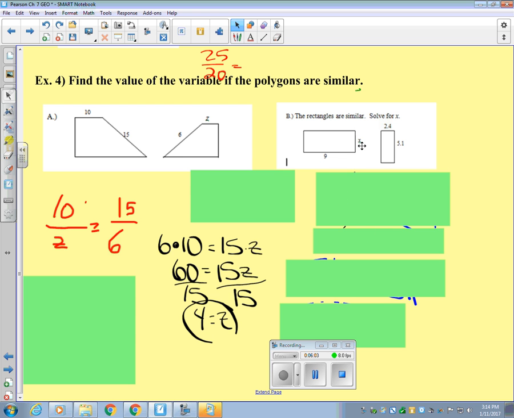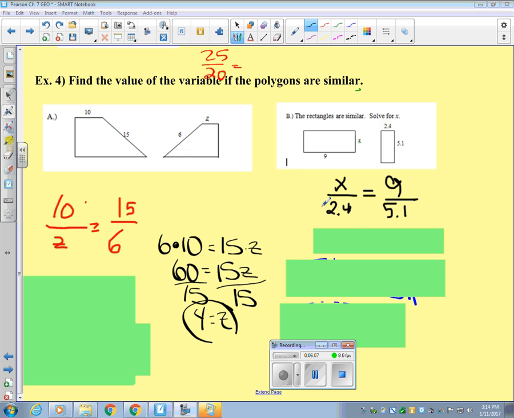So I'm going to apply that same property to these similar rectangles. So I'm going to set up my proportion, x over 2.4 equals 9 over 5.1.